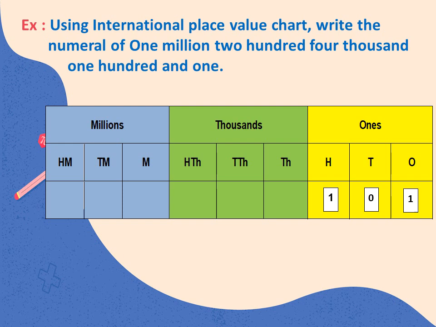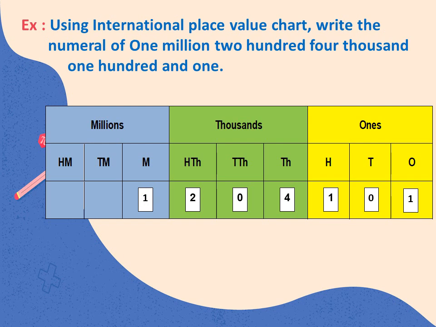In the thousands period, 2 comes in the hundreds place, nothing is there in the 10,000s place, so in the thousands place 4, in the 10,000s place 0, and in the 100,000s place 2. That is 204,000: 2 is in the 100,000s place, 0 comes in the 10,000s place, 4 comes in the thousands place. 1 million: this 1 comes in the millions place of the millions period.